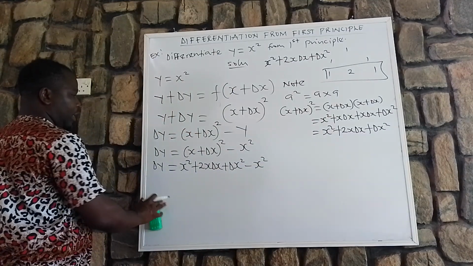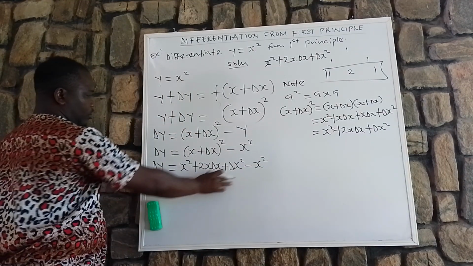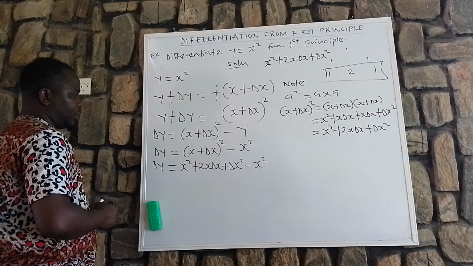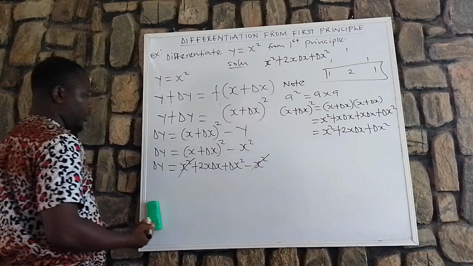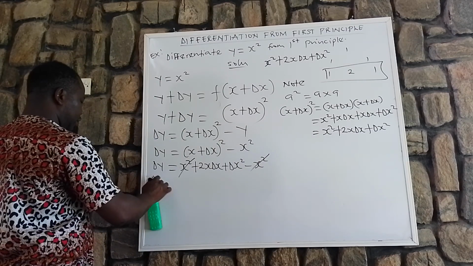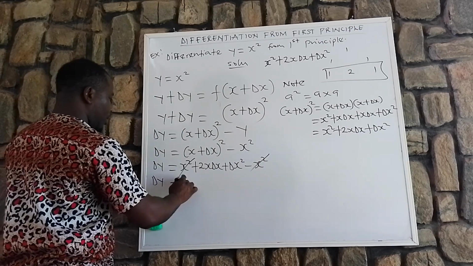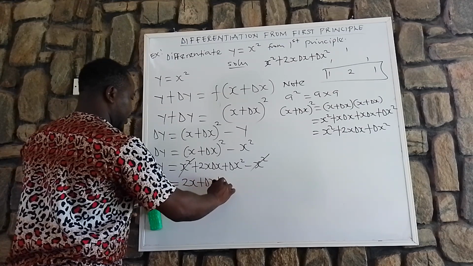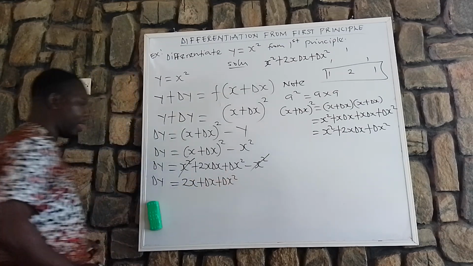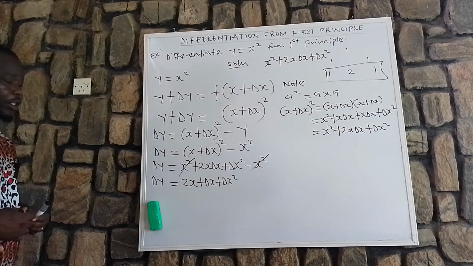Look at this equation. You discover that this and this can cancel, true or false? So our dy is equal to 2x dx plus dx squared. Do you agree with me?